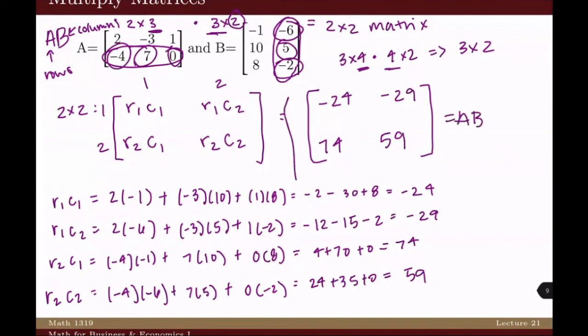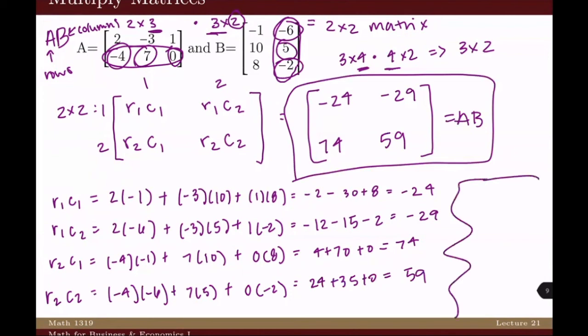Note that instead, this is just a side note over here, but if we were looking for B times A instead, then we would have taken our rows from B and our columns from A. So it depends on the order that you're multiplying, because BA is going to give us something different than AB if you think about it, because BA would be a 3 by 2 multiplied by a 2 by 3.